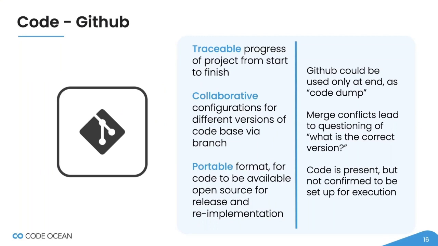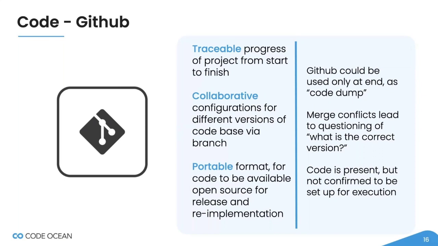Even though GitHub has collaborative configurations, there might still be some instances of merge conflicts in the original version of the code base, which from the end user perspective could lead to some questioning of, well, what exactly is the correct version of the code base? Because there's been multiple collaborators on the same version.